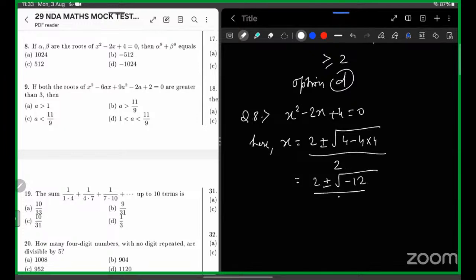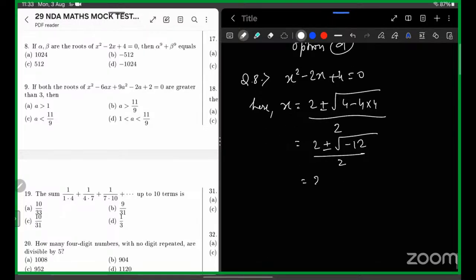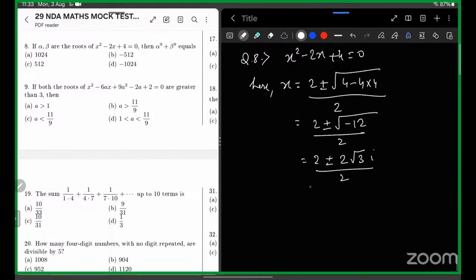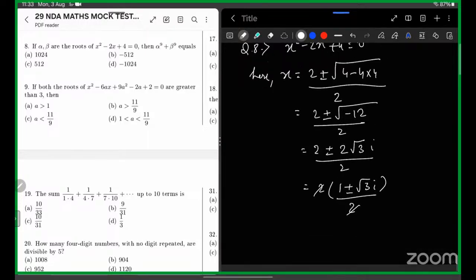Minus 12 upon 2. So I can again simplify it in the form of 2 root 3 iota by 2. Right? If I take 2 common from here, I'm going to get 1 plus minus root 3 iota by 2. These two got cancelled out.